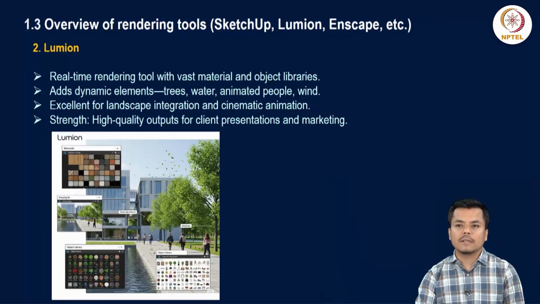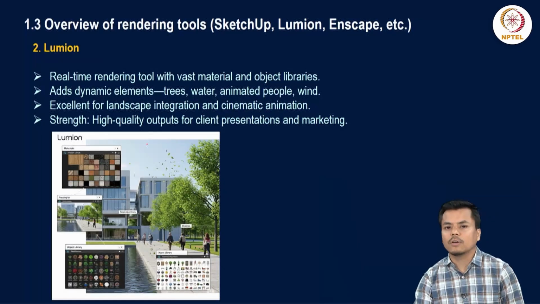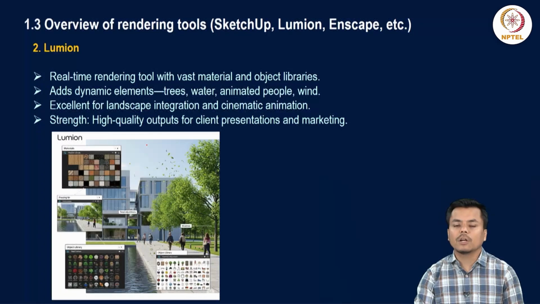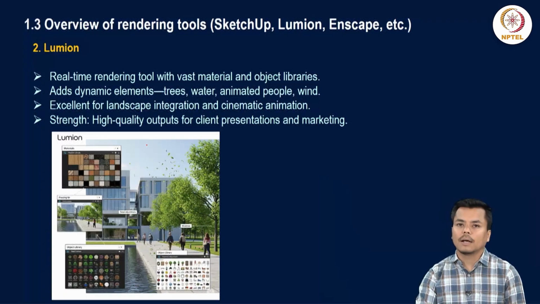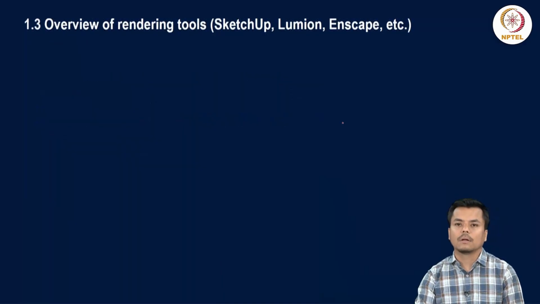Excellent for landscape integration and cinematic animation. The strength of this software is that it produces high quality outputs for client presentation and marketing. But to have such software on your computer or laptop, your configuration has to support it to run very smoothly.